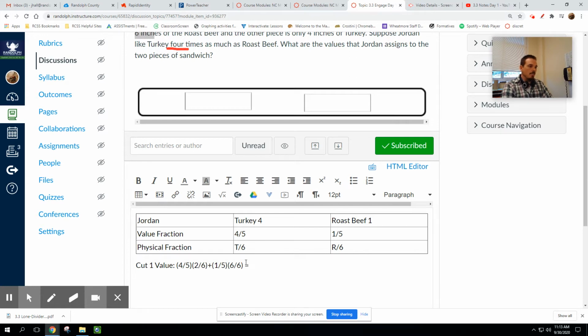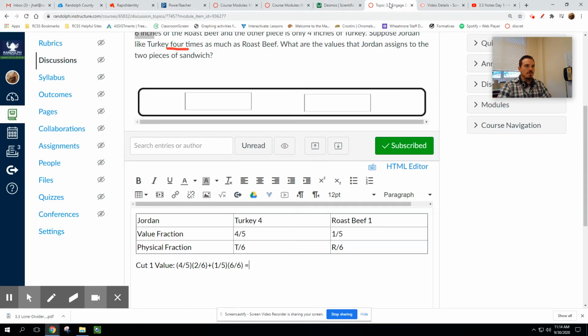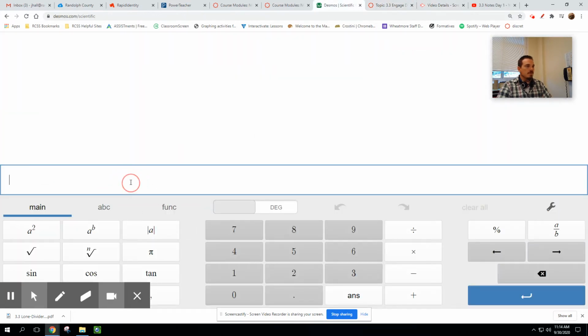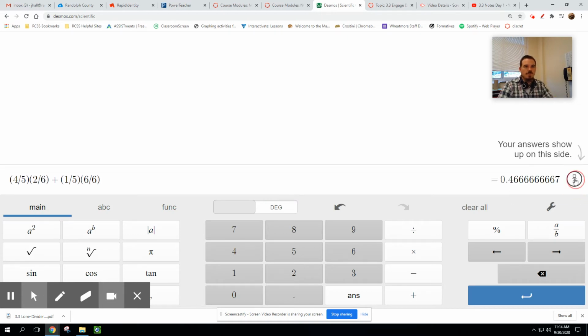So 4/5, and you can go to Desmos at this point. Let me grab it. Go to Desmos, and I'll do scientific. Love my scientific calculator. Coming back here, I'm going to copy my formula and paste it in. We can put it as a fraction or a decimal, 7/15, or whatever that is.